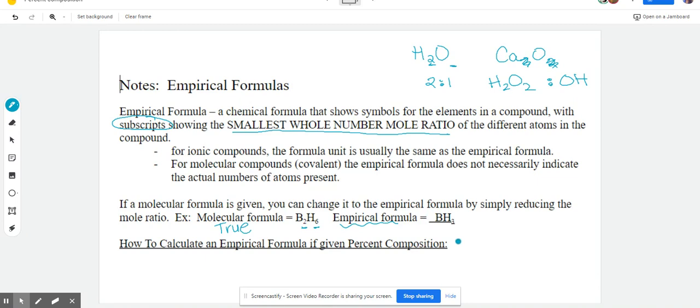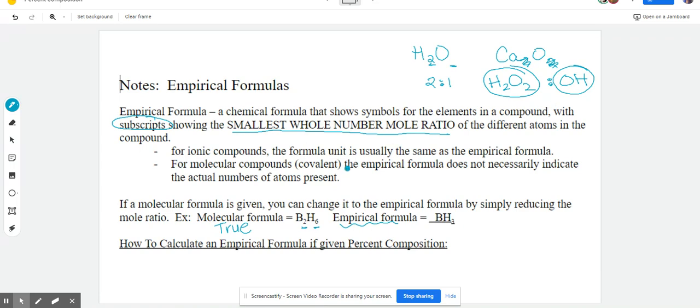So sometimes your molecular formula is equal to your empirical formula. But something like this would be considered the molecular formula, and this would be considered the empirical formula, right? So just know that they can be the same. Your molecular can be your empirical, but your empirical does not necessarily mean it's your molecular.